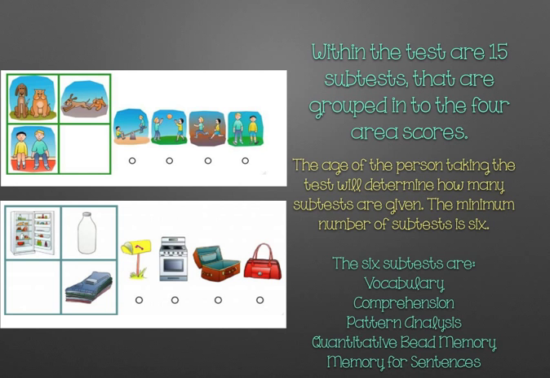So here on the left side of the screen, you can see 2 examples of what you're going to find on the Stanford Binet Intelligence test. And it's basically these 2, you're going to have 2 pictures on the top of the 4 boxes and then 1 picture on the bottom, and you're going to pick the best picture that goes with what you see at the top.